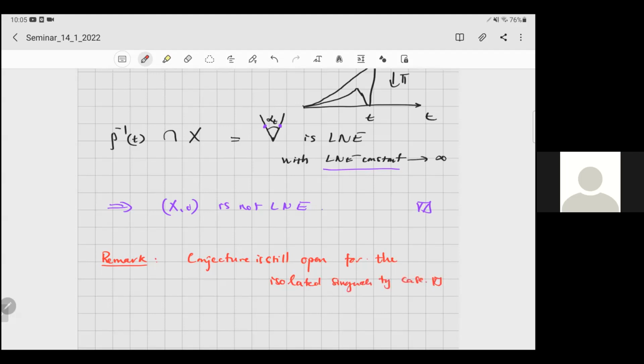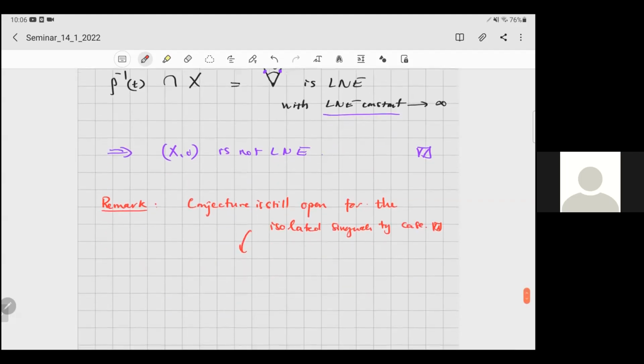Especially, I think if it's not true, it's likely true for the complex case. I don't see any reason it's not true for the non-complex case. The complex case is very special.